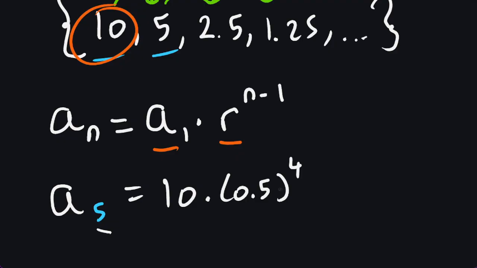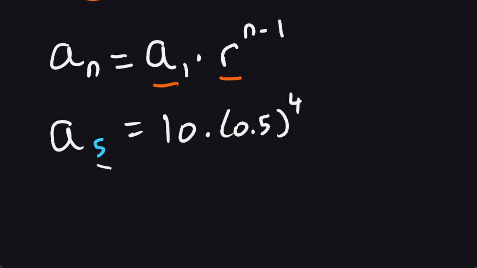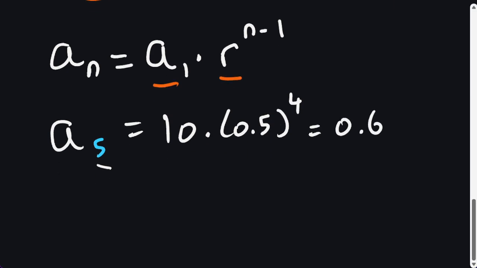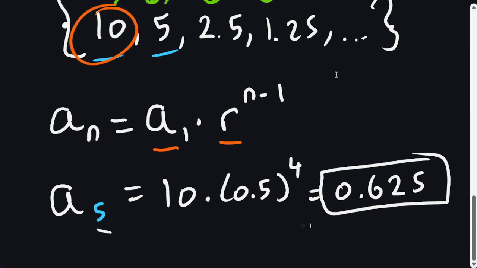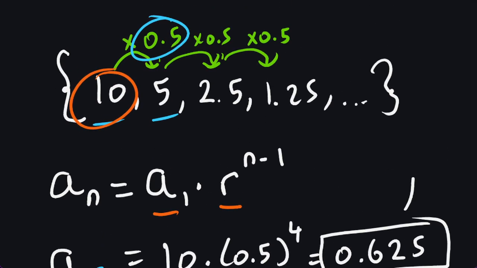And then 0.5 to the power of 4, if I evaluate that, is 0.0625. And then 0.0625 times 10 is 0.625. So 0.625 is the fifth term of this sequence right here.